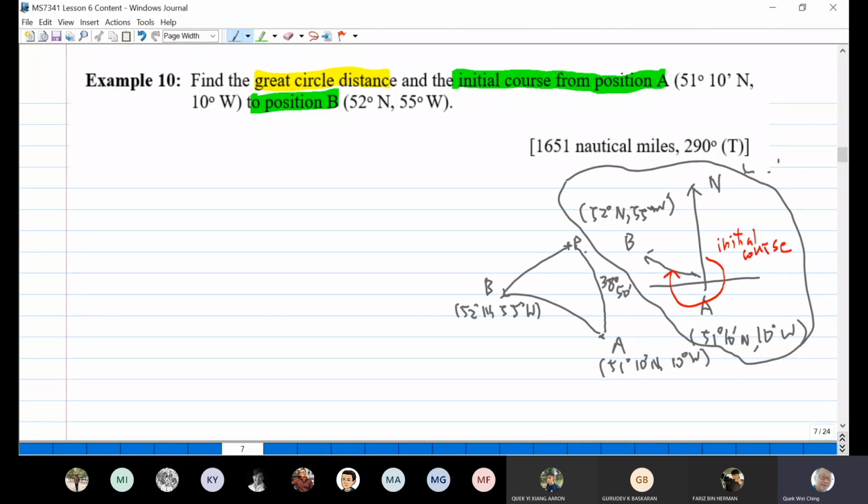The length of PB is 38 degrees. Transfer. The angle is 45 degrees. So the great circle distance is this distance we're looking for now.